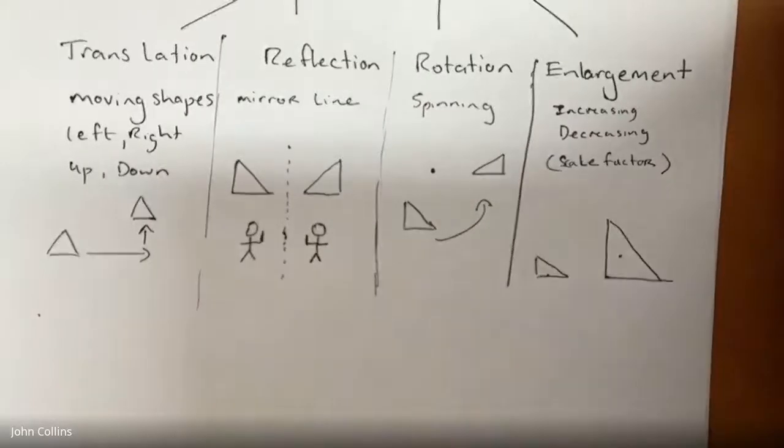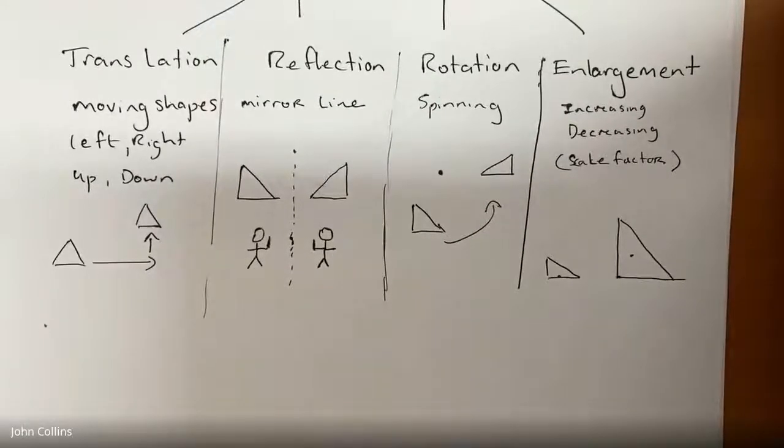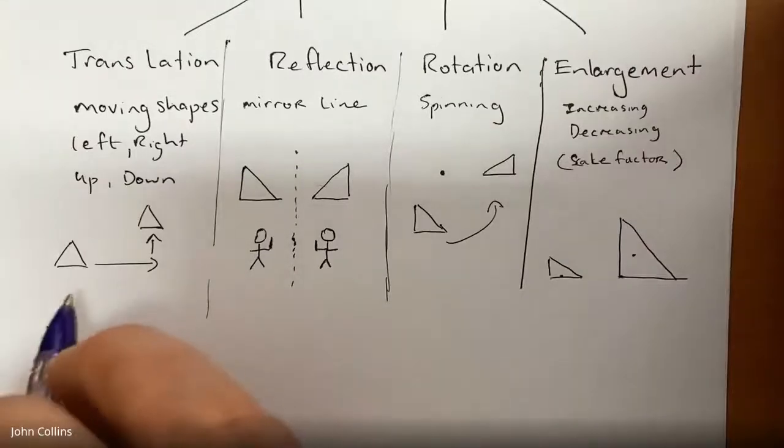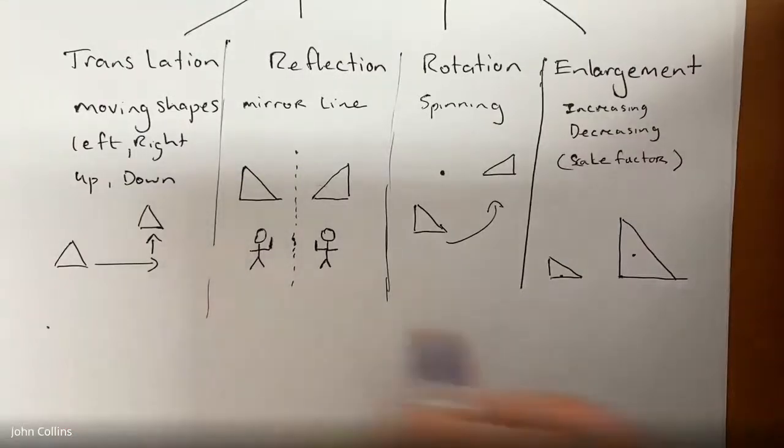This is the original. This is what's called the image. Now you can see that all of these, there's an original, and then there's an image. The original is called the object, so you can draw it on any one of these.